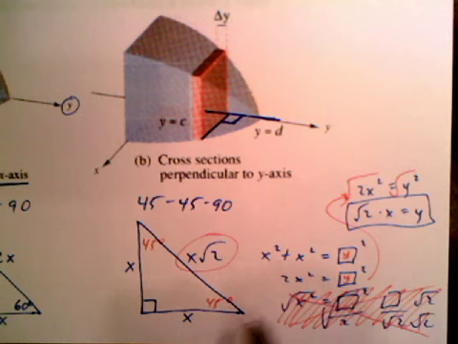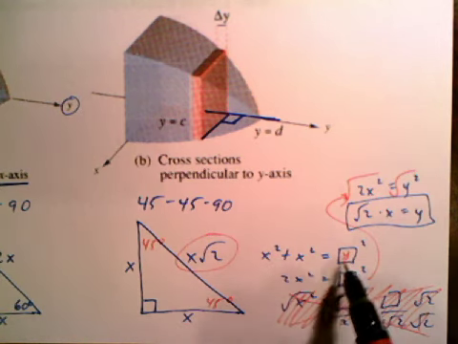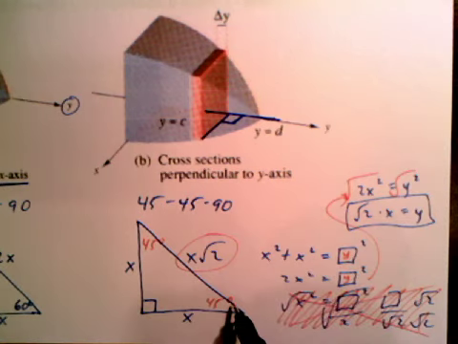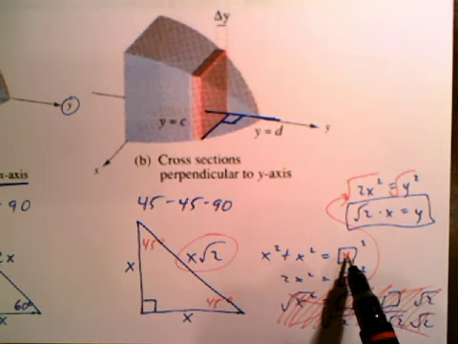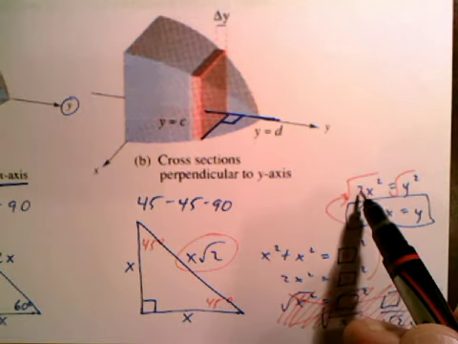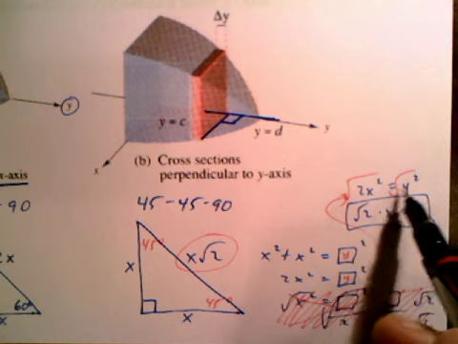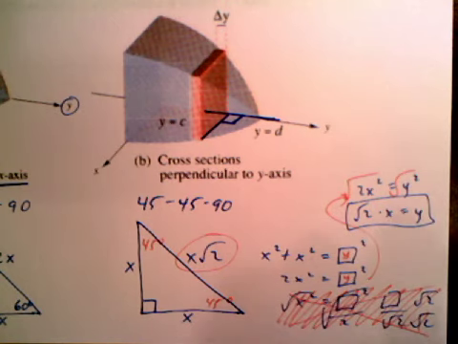Then if you use the Pythagorean theorem, x squared plus x squared equals y squared, letting y be the length of the hypotenuse, you get 2x squared equals y squared. Take the square root of both sides, and you get the square root of 2 times x equals y. I don't know what was going on in my head when I was doing that, but I apologize.